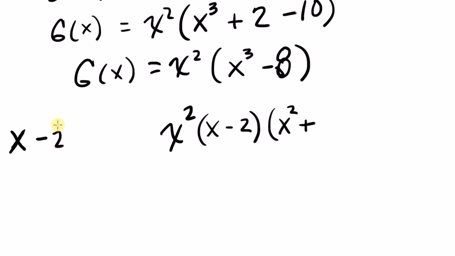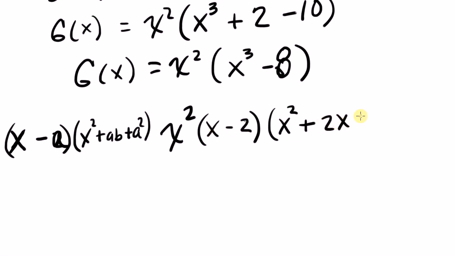Or let's look at it in this form. So x cubed minus a cubed equals x minus a times x squared plus ab plus a squared. So this is going to be x squared plus 2x plus 2 squared.